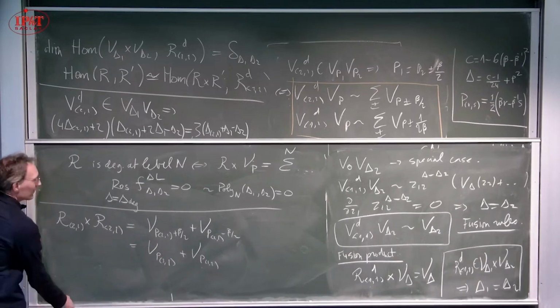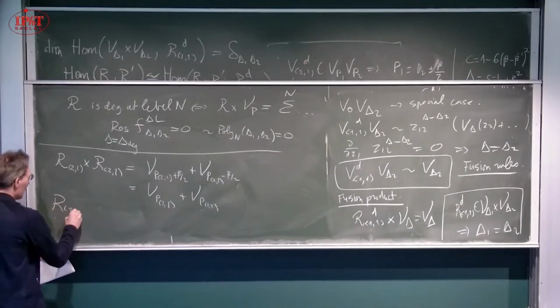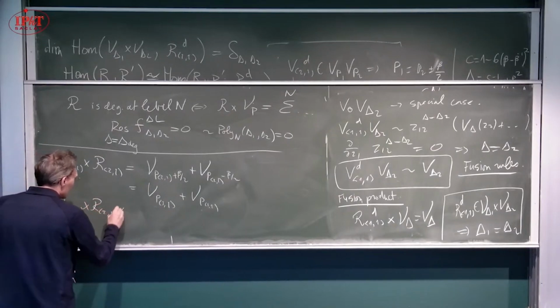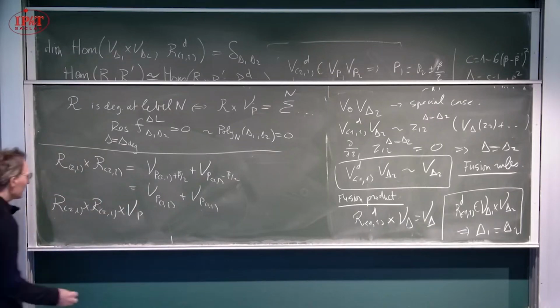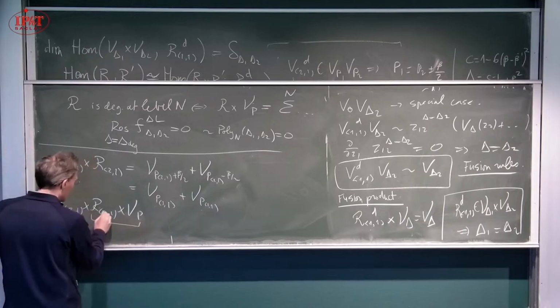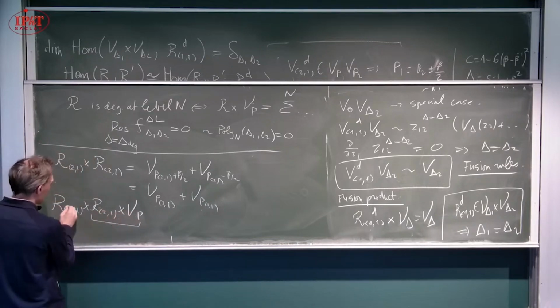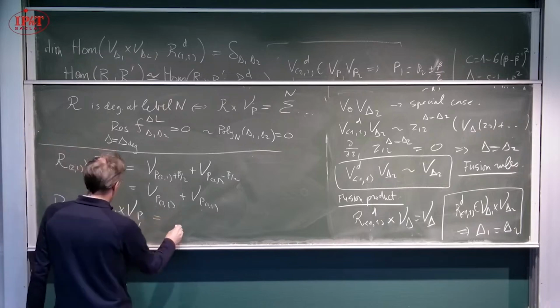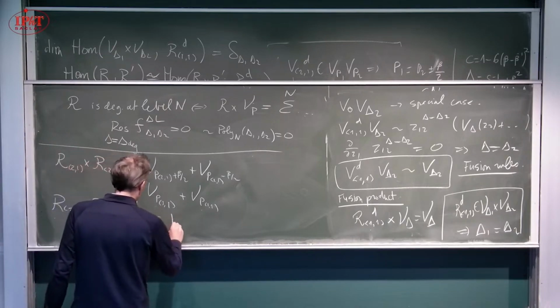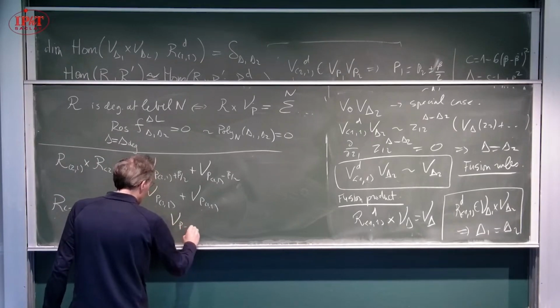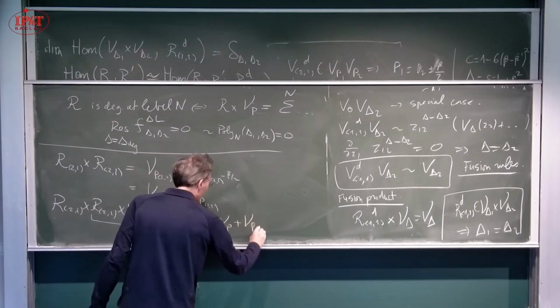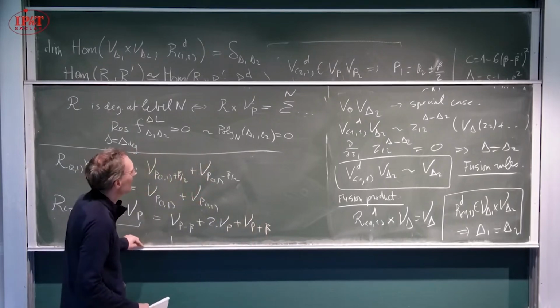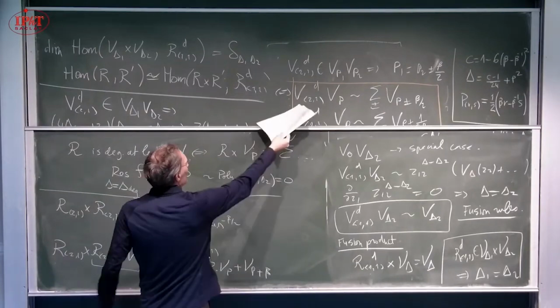To answer this question, we can consider R21 times R21 times VP. We can consider this fusion product, and now it's associative. What does it mean? It means I can compute it this way. First I do this OPE, and then this product. If I do that, I'll get exactly V(P minus beta) plus V(P plus beta). This is just iterating my fusion rule here.